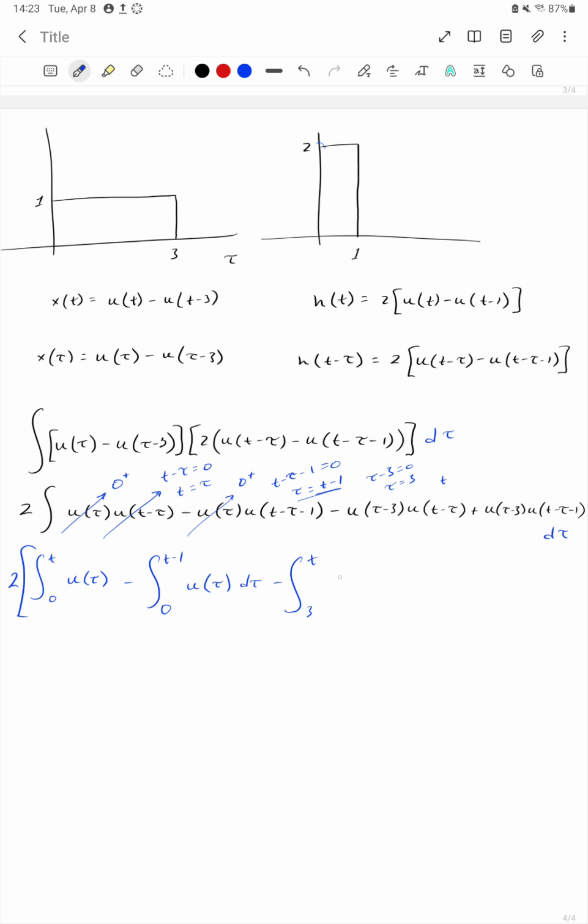Fantastic. So now we can do that again, and then we can add the last limit of integration, which is once again going to be 3, and this is going to be t minus 1, right? So t minus 1, and this is going to be 3. All right.